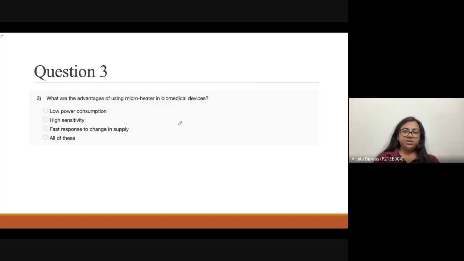What are the advantages of using the microheater in biomedical devices? First option is low power consumption. The second option is high sensitivity. The third option is fast response to change in supply. And the fourth option is all of these.